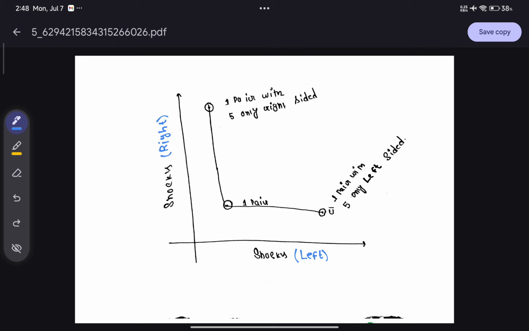Now what are complementary goods? I hope all of you know that complementary goods are goods that must be consumed simultaneously. For example, sugar and tea.